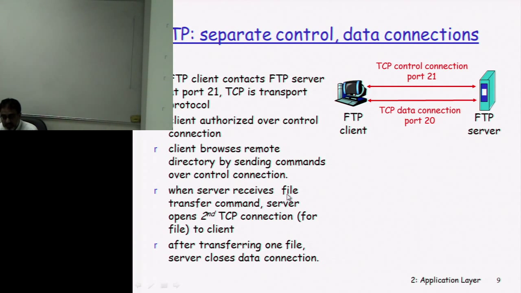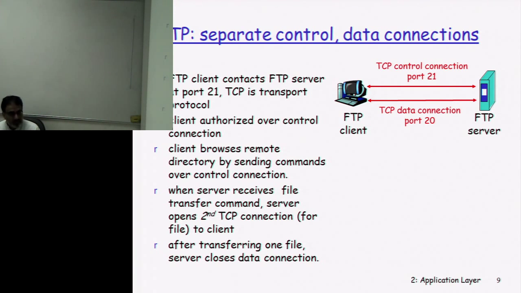When the server receives the file transfer command from the client, the server opens a second TCP connection, this one on port 20, for the transfer of the file to the client. So they are separated. They are both separate connections. The TCP connection on port 21 is to send and receive the control messages between the FTP client and server.